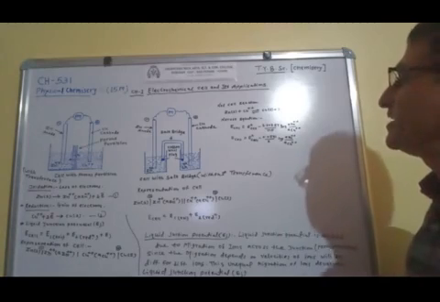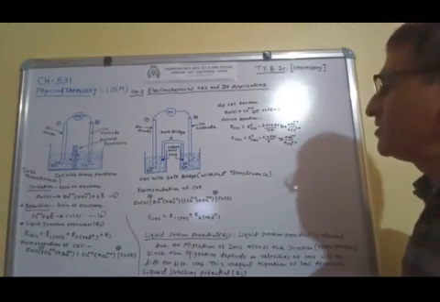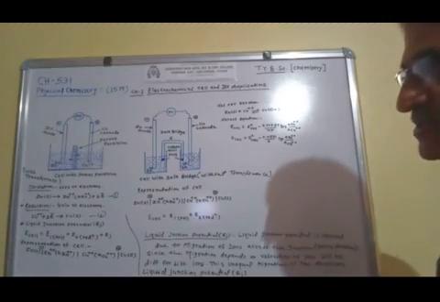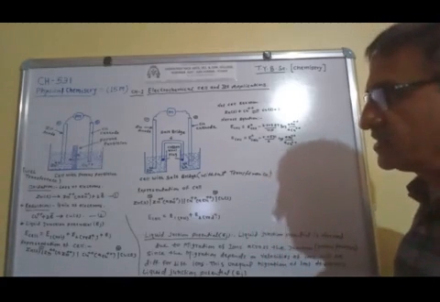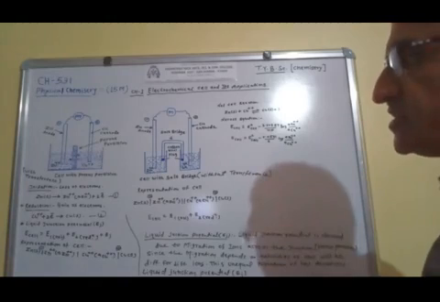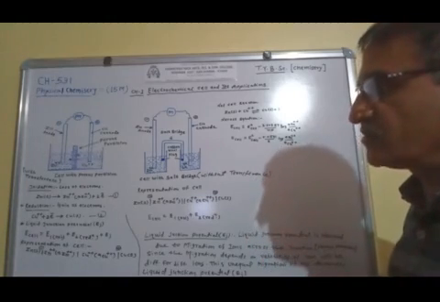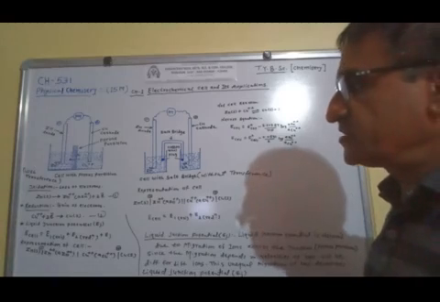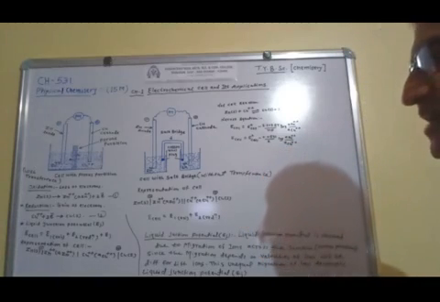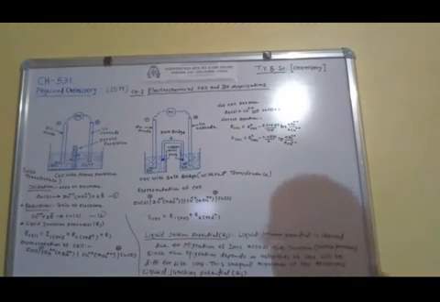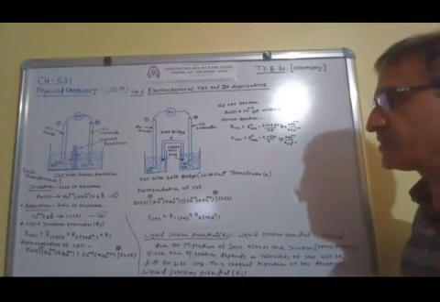N is the number of electrons taking part in the reaction. In this reaction, when oxidation takes place, 2 electrons are given out. In the reduction process, 2 electrons are added to the substance.